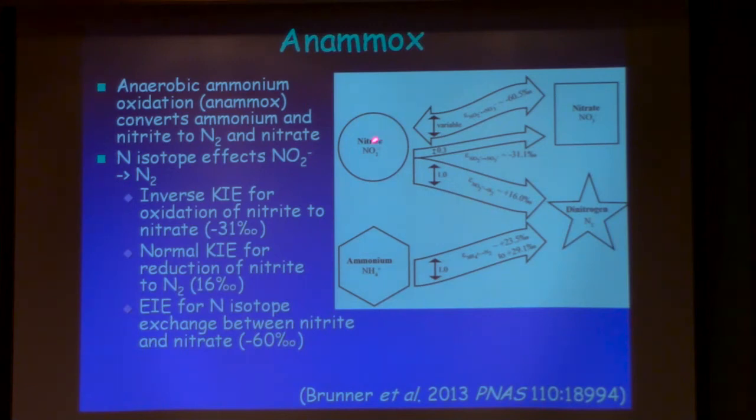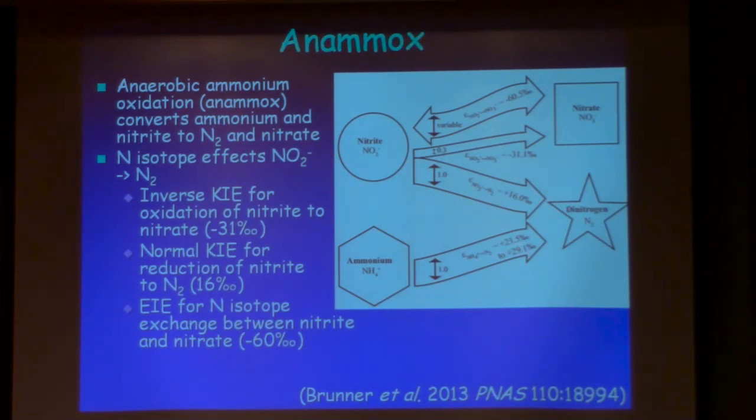There's an equilibration of nitrogen between nitrate and nitrite. That's 60 per mil. There's a fractionation here associated with nitrate of 30 per mil, and between nitrite and N2 of plus 16. So an inverse kinetic isotope effect here of 16 per mil. For ammonia, it's a kinetic isotope effect. It ranges from around 24 to 30 per mil.